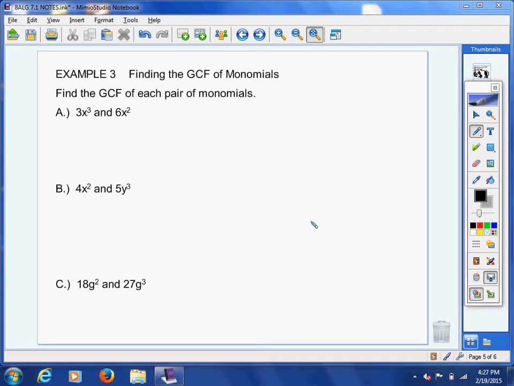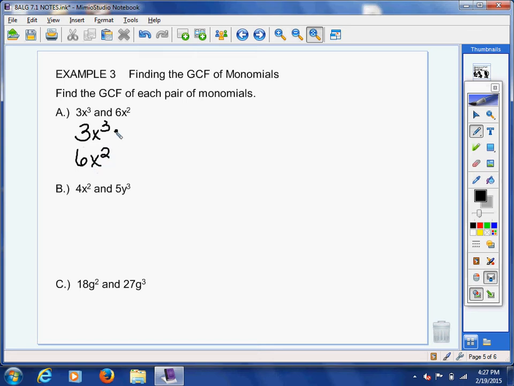This is a great one for us to go over together. I'm going to do A and B with you, and then I'm going to leave C for extra credit, giving you another extra credit opportunity. Let me write out 3x cubed, and then underneath it 6x squared.